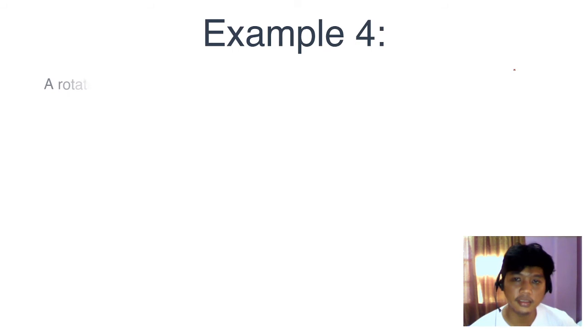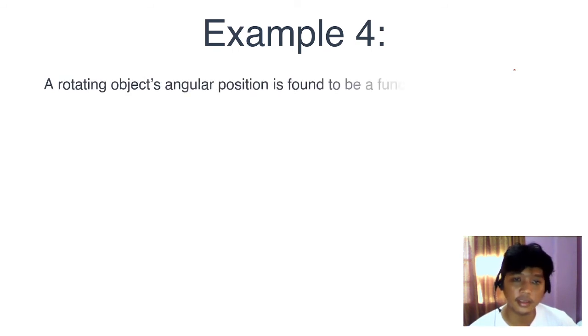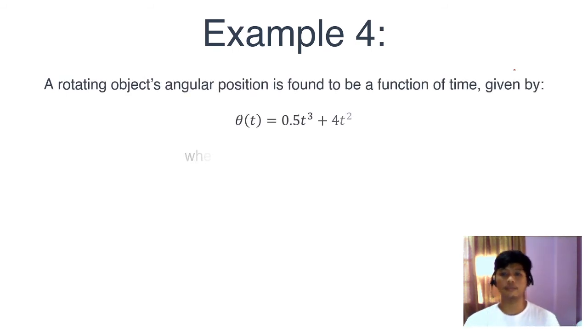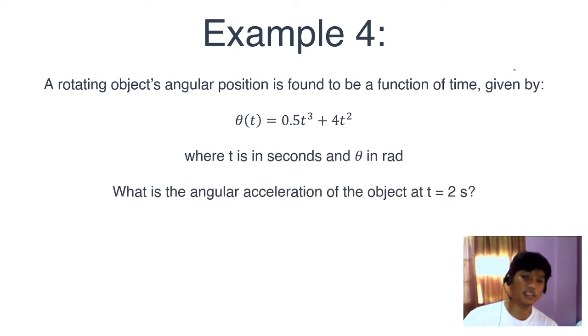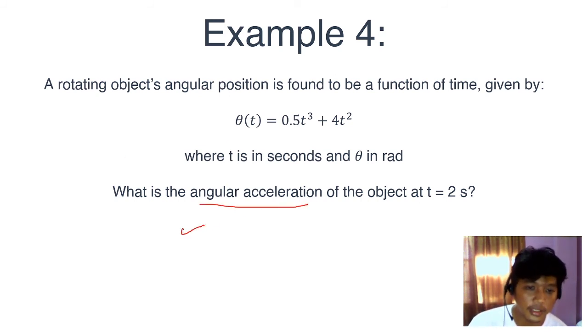Anyway, let's look at an example. A rotating object's angular position is found to be a function of time given by theta of t is equal to 0.5 t cubed plus 4t squared. What is the angular acceleration of the object? So we know that the angular acceleration is a derivative of angular velocity with respect to time, where our omega should be a function of time.